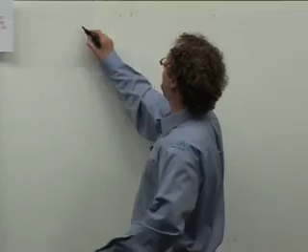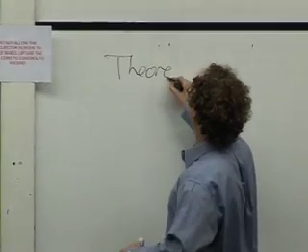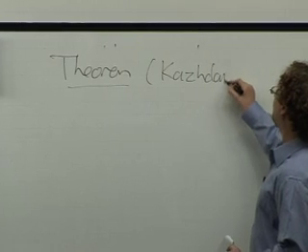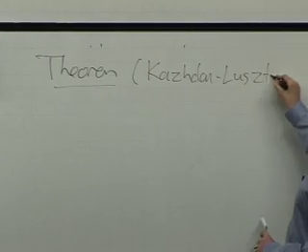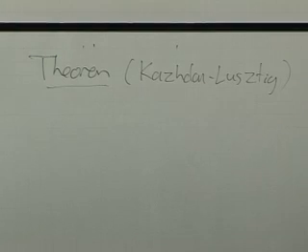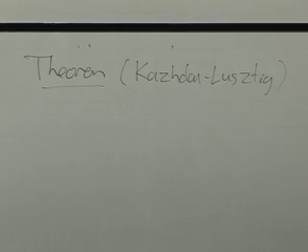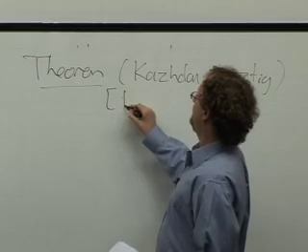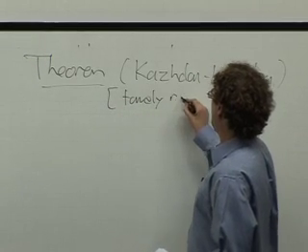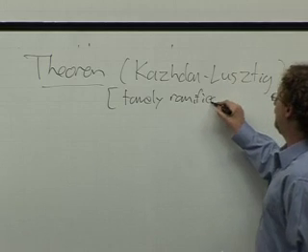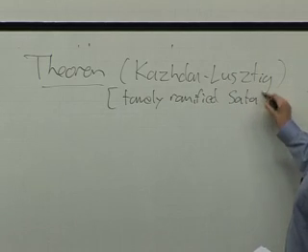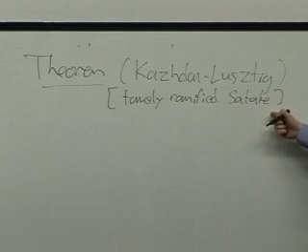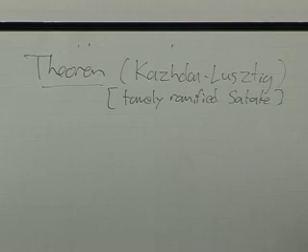So now we have the theorem of Kazhdan and Lusztig. This gives a description of the affine Hecke algebra in these terms. So this is the Langlands dual description. If you'd like, this is the tamely ramified version of the Satake theorem. The Satake theorem told us how to think of the spherical Hecke algebra in terms of the Langlands dual group, in terms of representations of the Langlands dual group.